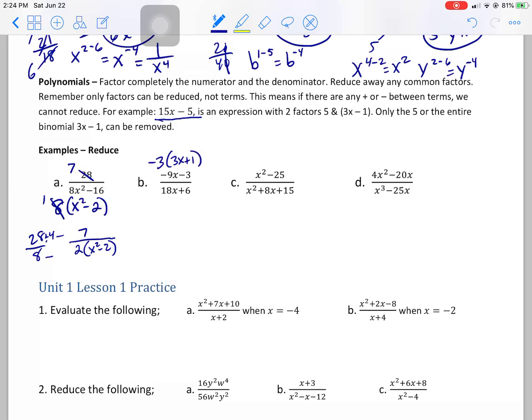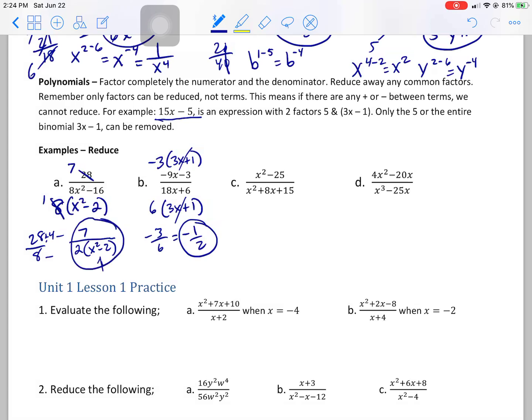Took out the negative because I'm hoping it's going to match something on the bottom. So I took the negative out, so the signs would be a plus. Okay, take a 6 out of the bottom. That will get me something that matches. That goes away, and then you're going to reduce the negative 3 over 6 to negative 1/2. Okay.